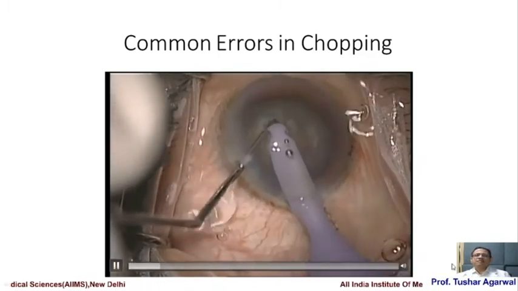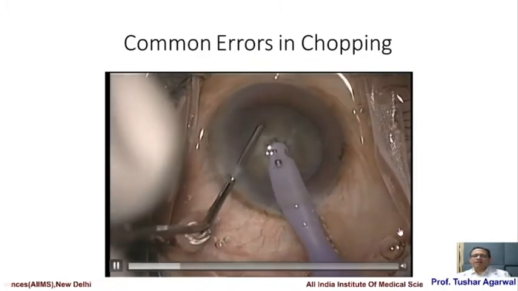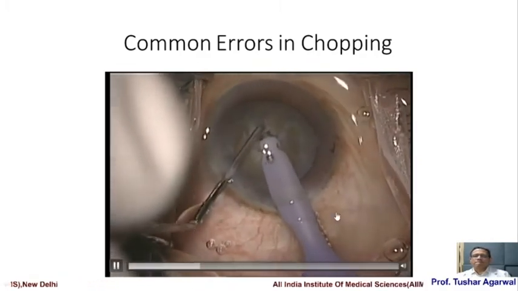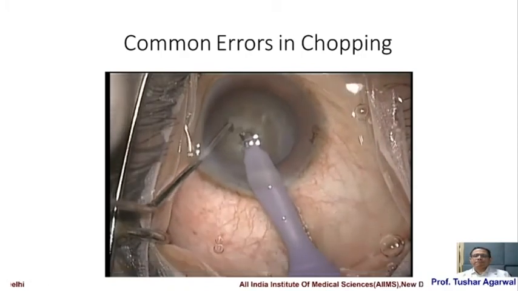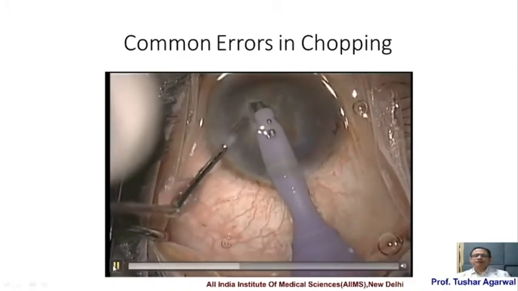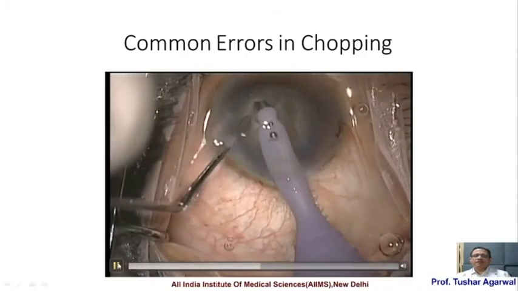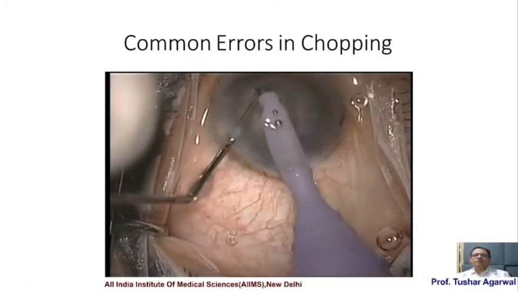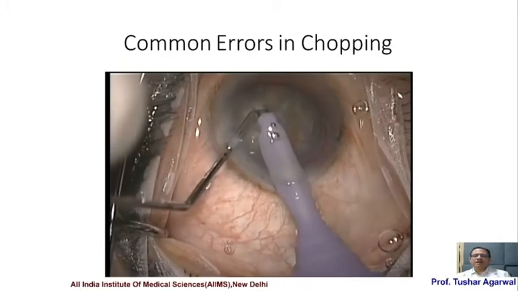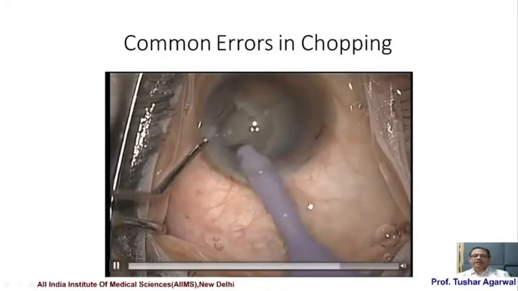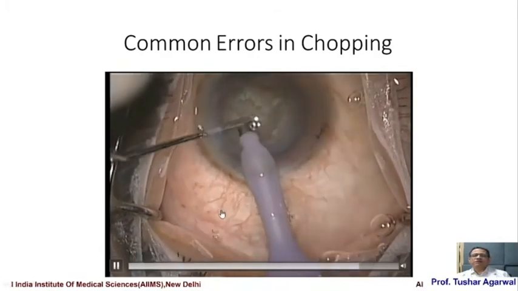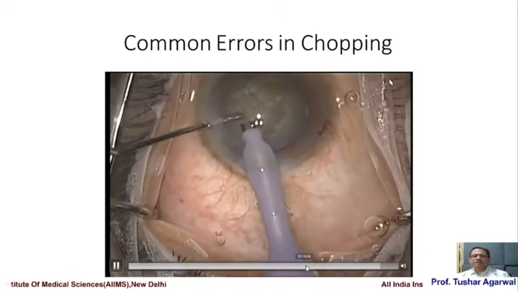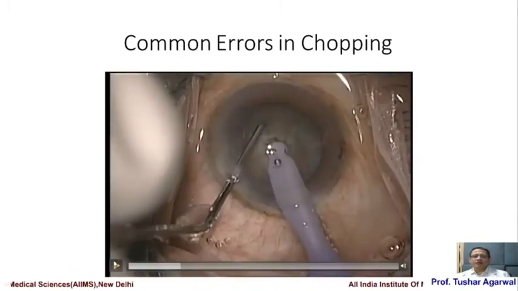Now this is another example where the impalement is not being done properly. Only the vacuum is used, and because there is no phaco which is being given, as soon as the chopping is tried, the nucleus goes off from the needle, and you don't get any chopping motions again.